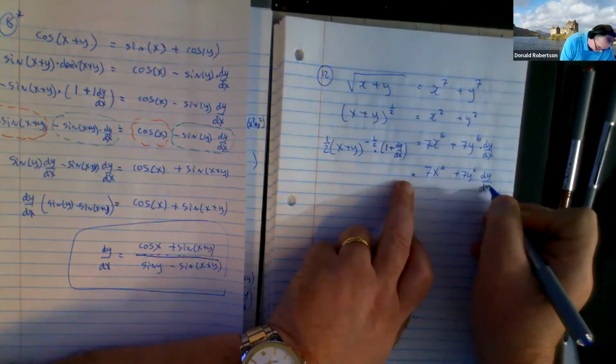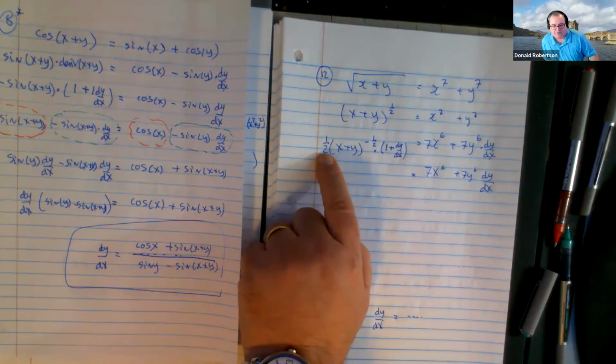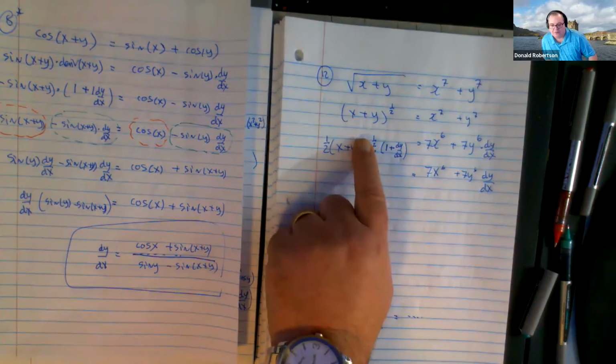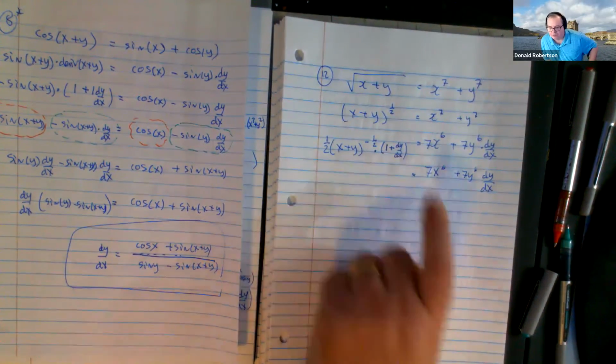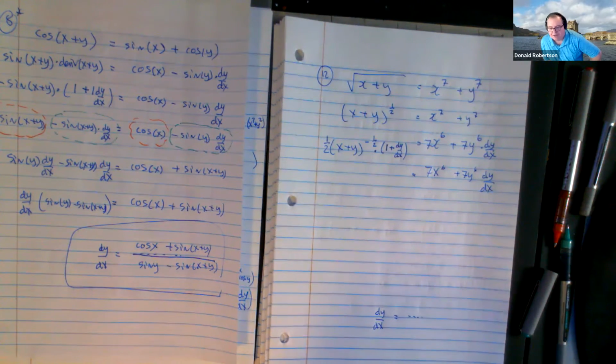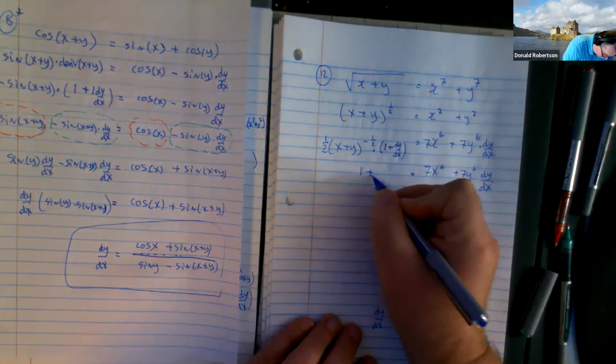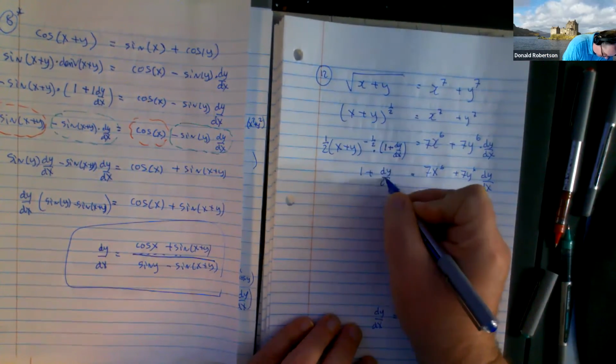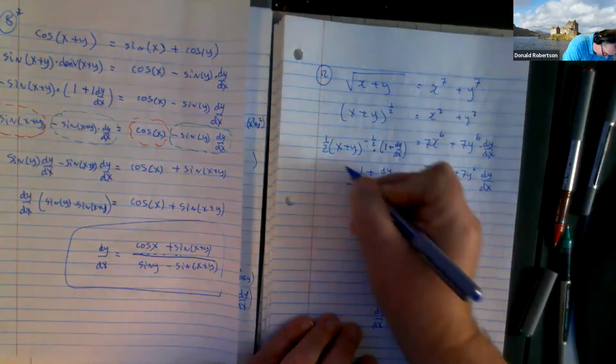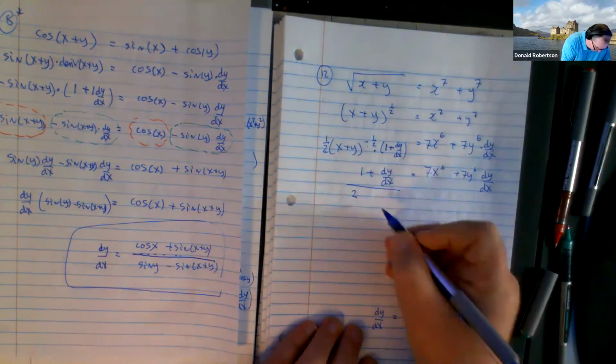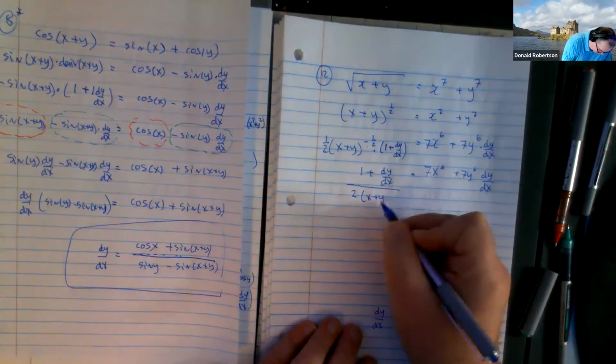I do not like a half, something to the power of negative a half times 1 plus dy by dx. Would you agree that's not good, right? That's just not good. So I'm going to call this 1 plus dy by dx. That 2 is coming downstairs, and I'm going to call it x plus y to the half.